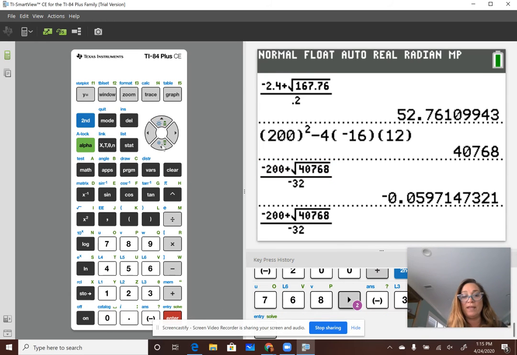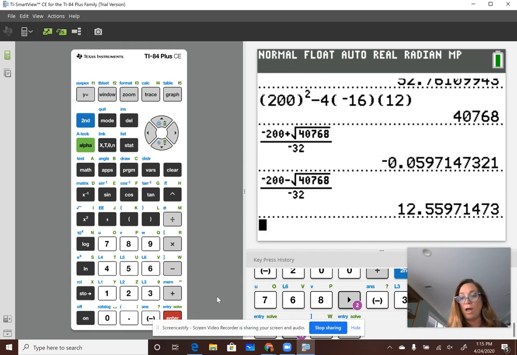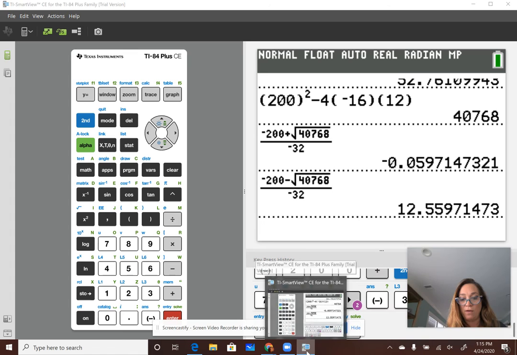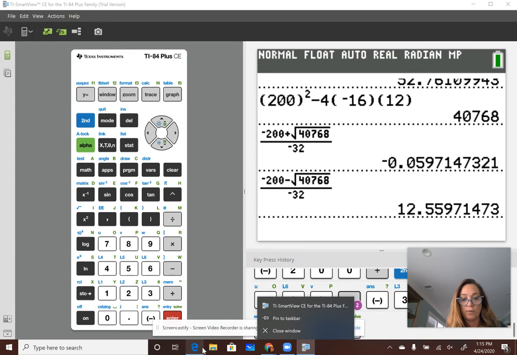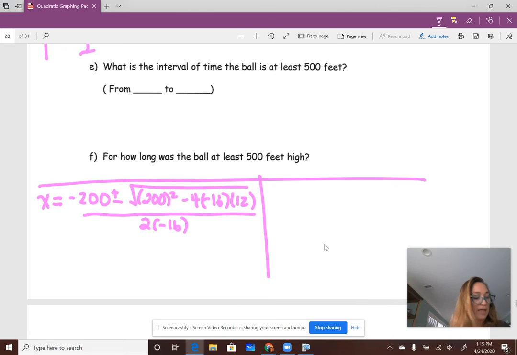And now the only thing that I have to do is change that plus to a subtract. So it saves me a little bit of time. Oh, 12.559, blah, blah, blah. Irrational, doesn't matter because I'm supposed to round. So that's over here. So that's going to give me 12.6.